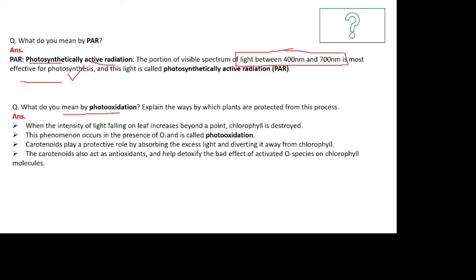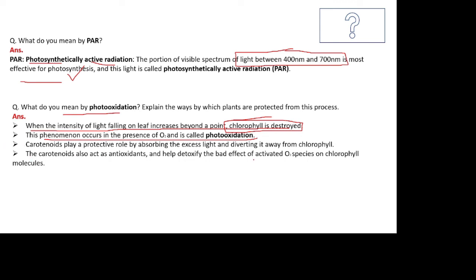We just now saw that if the intensity of light falling on leaf surfaces goes beyond a point, chlorophyll is destroyed. Hence the photooxidation process starts. This phenomenon occurs in the presence of oxygen, and it is called photooxidation.